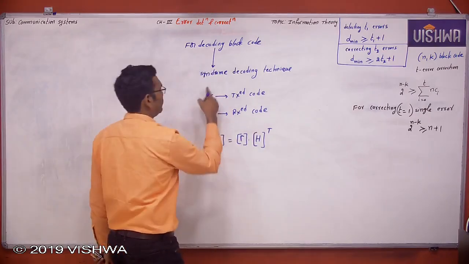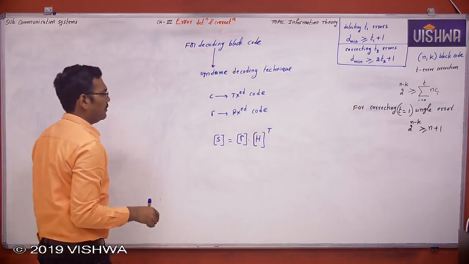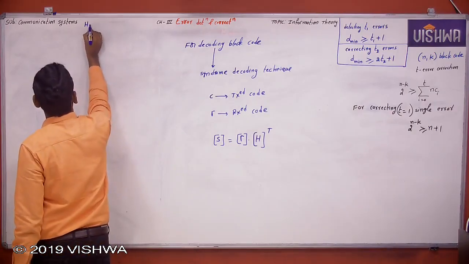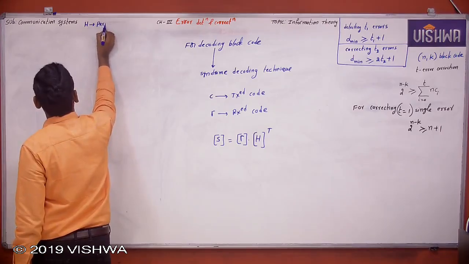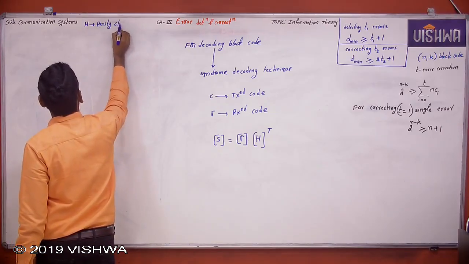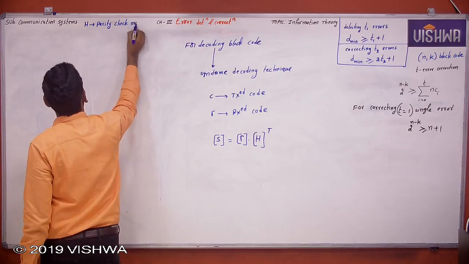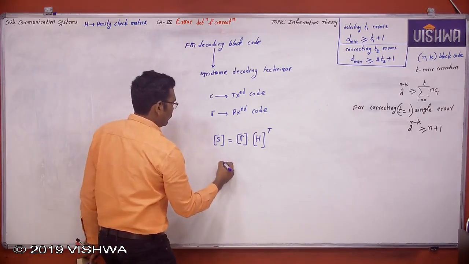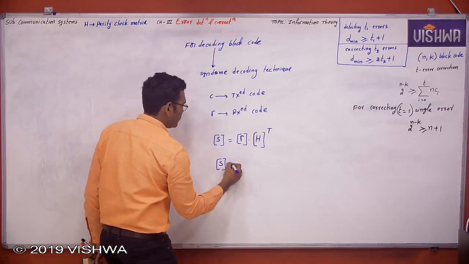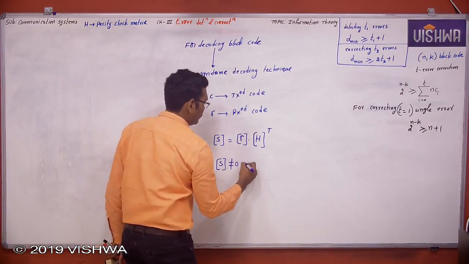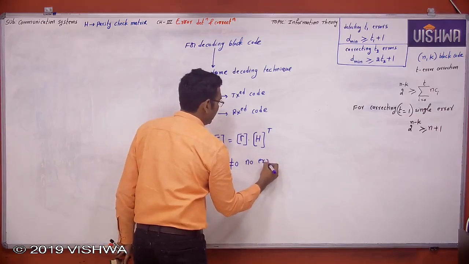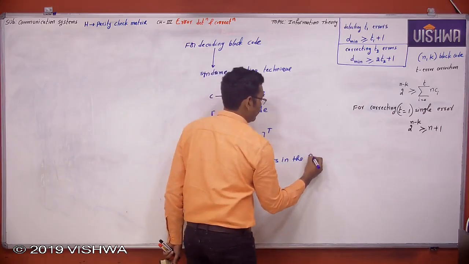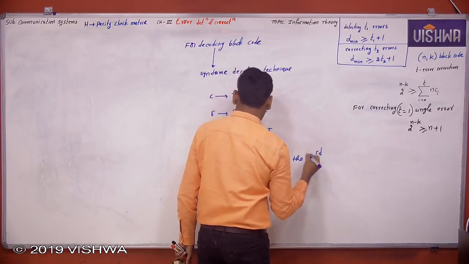S is the syndrome matrix we have to calculate. H is the parity check matrix. If the syndrome matrix is not equal to 0, there are errors in the received code. No errors.